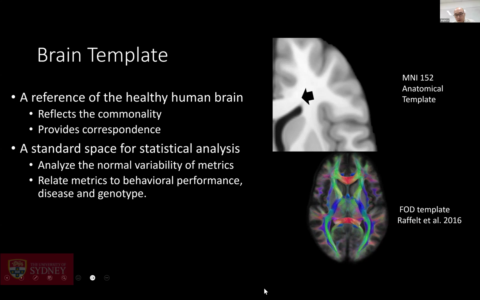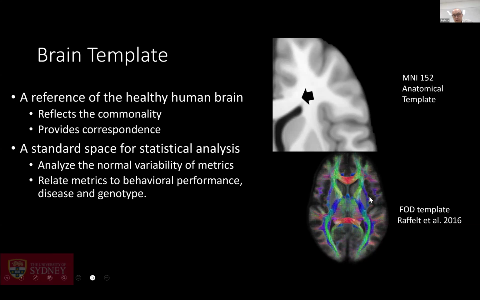If we look at the bottom right, this is a template called the fiber orientation distribution template. This template is built based on the diffusion-weighted MRI. And the method itself was first proposed by Raffelt in 2016. Initially, this template was designed for fixel-based analysis.